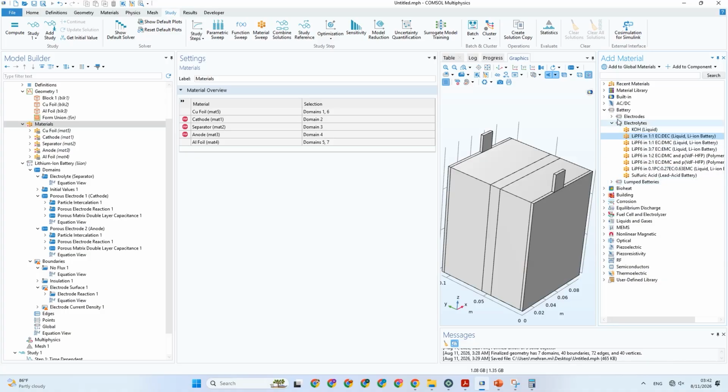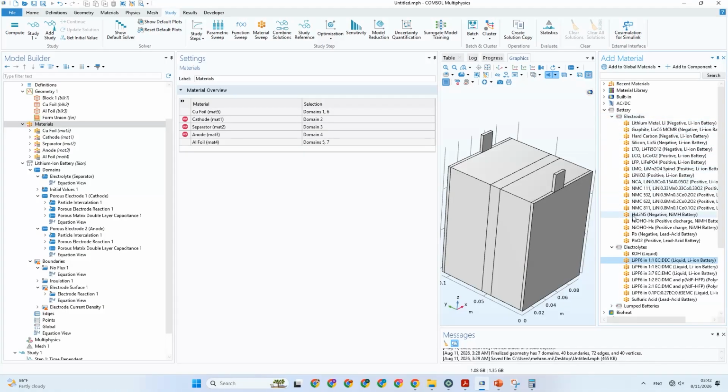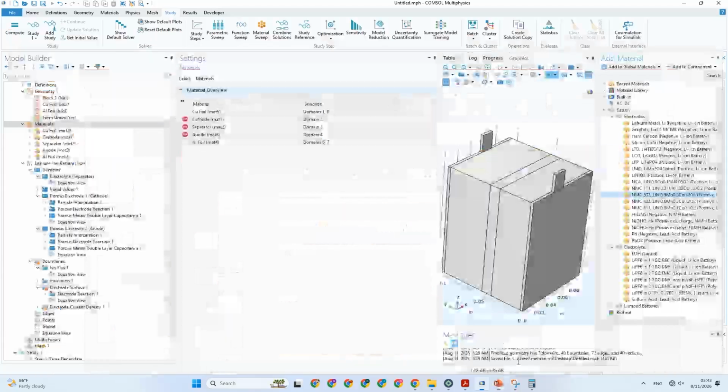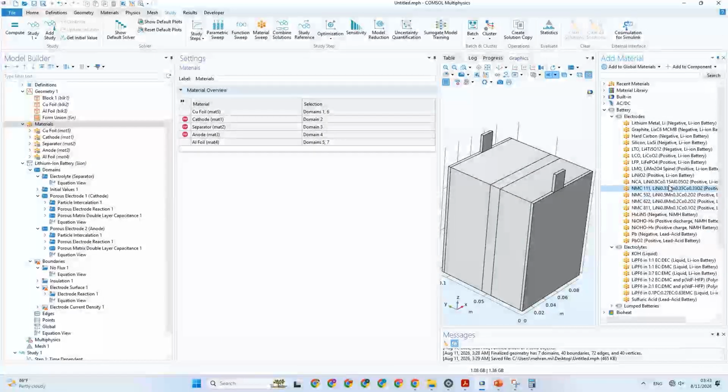Let me check the electrode. We have graphite, silicon, LMO, LNO, NMC, or, oh, I see that. Let me check. NCM. Okay, NCM, it's cathode. What?